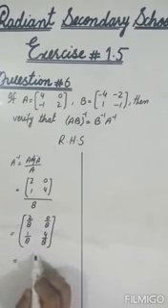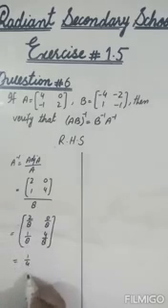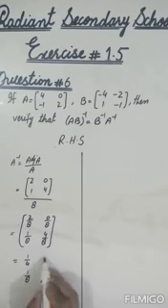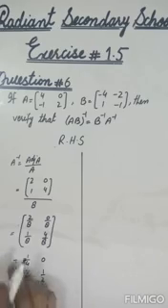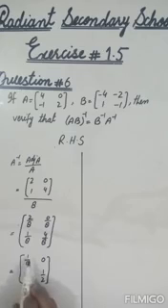By cancellation, our answer will be equal to 2 1s are 2, 2 4s are 8. 1 by 8 remains as it is. 0 by 8 is equal to 0. And 4 1s are 4, 4 2s are 8. A inverse is equal to 1 by 4, 1 by 8, 0 and 1 by 2.